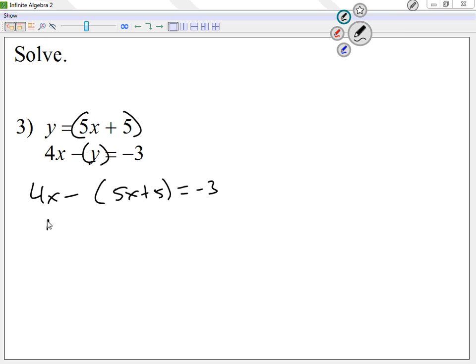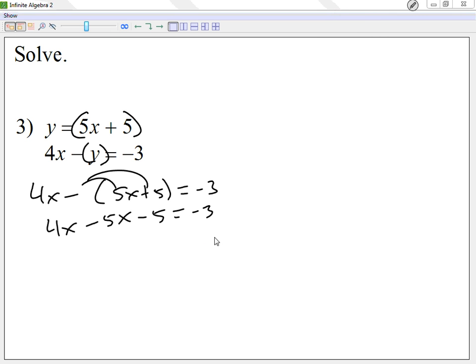So I have 4x minus 5x minus 5 is equal to negative 3. Remember, I distribute the negative 1. My negative 5, I'm going to move it to the other side as a plus 5. So I have negative 1x is equal to 2. You can agree x equals negative 2.